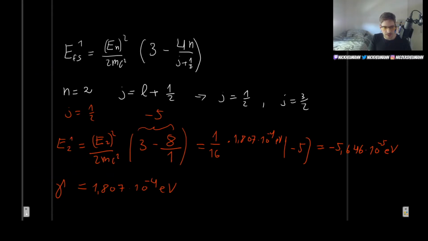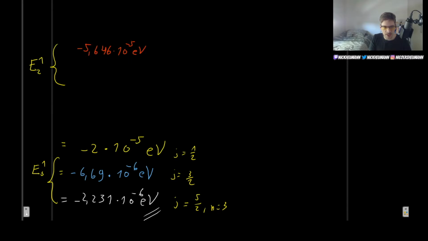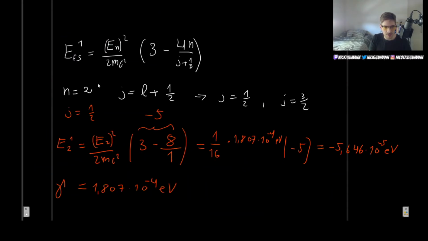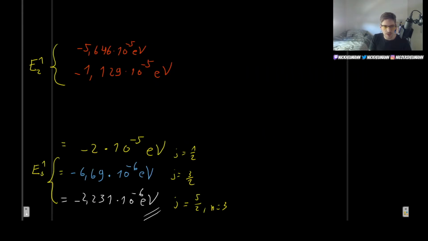Okay, and let's see, where is our result? So this is the case for j equals 1/2. So this is j equals 1/2, and this is j equals 3/2. There we go. And of course, this is all n equals 2.